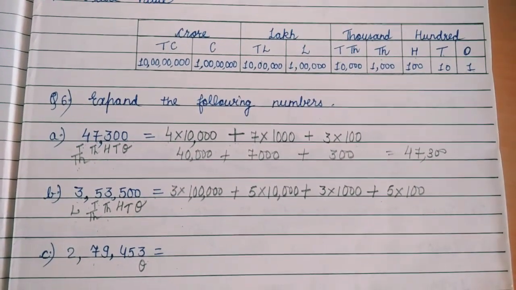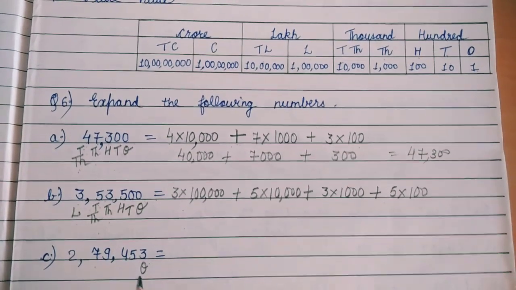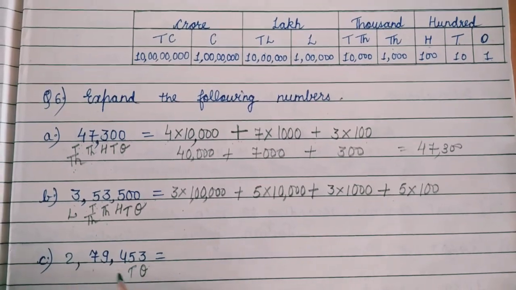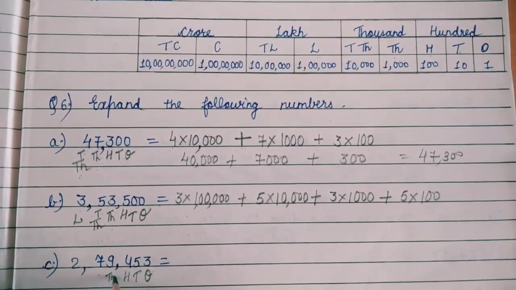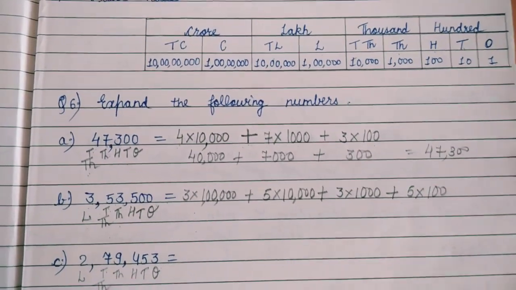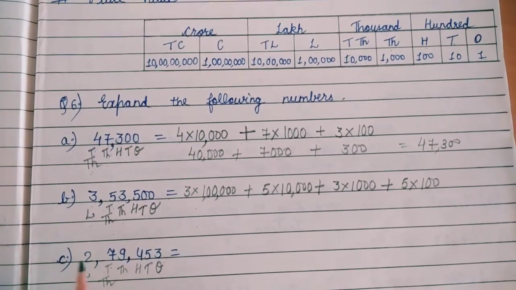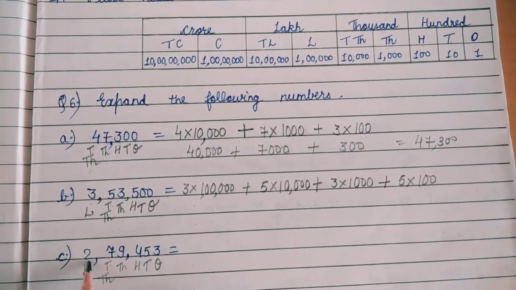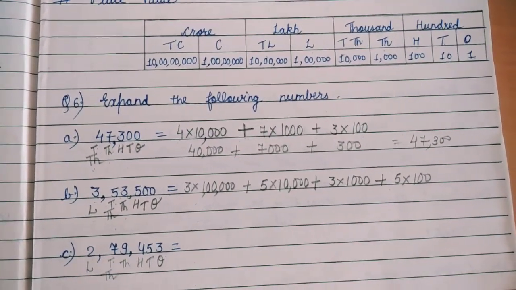Always remember you have to place the place values from the left hand side. So ones, tens, 100, 1000, 10,000 and lakh. Now we will begin writing. We will start writing the numbers from the right hand side.